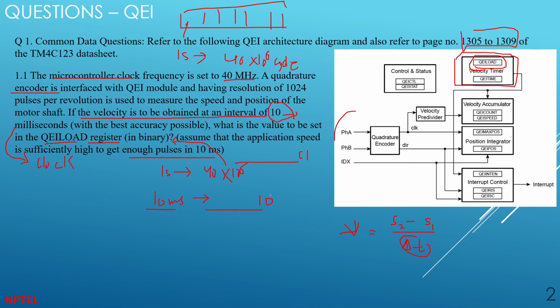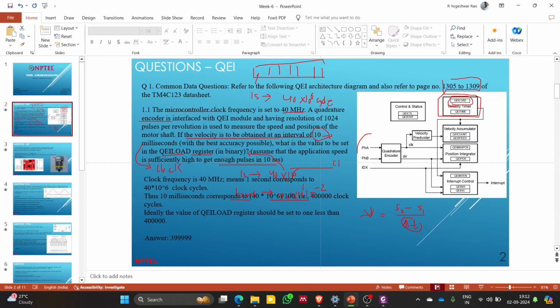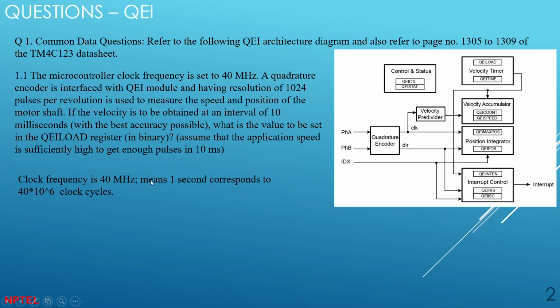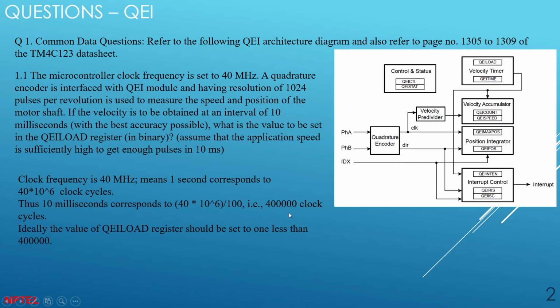With 10 to the power minus 2 and 40 into 10 to the power 6, you get around 4 lakh. You always need to enter in clock cycles.